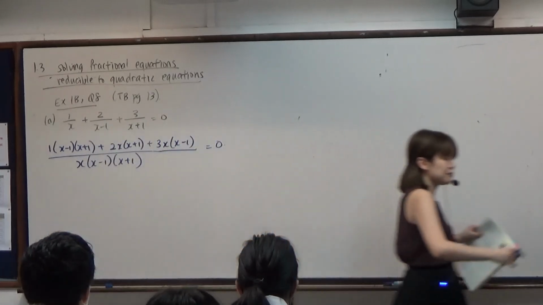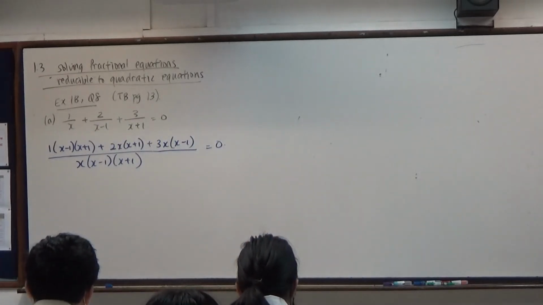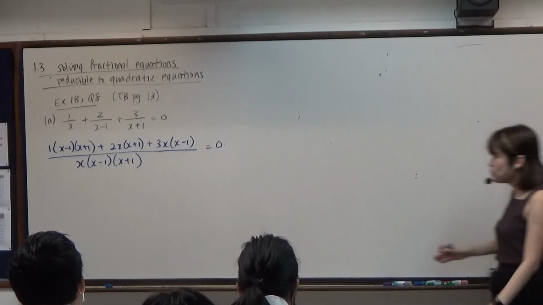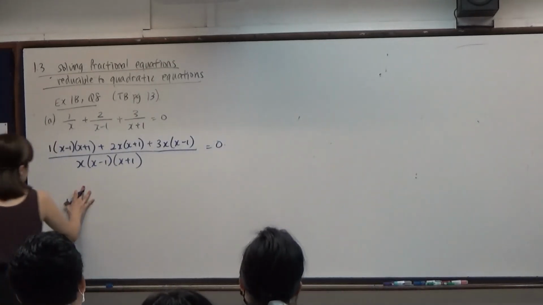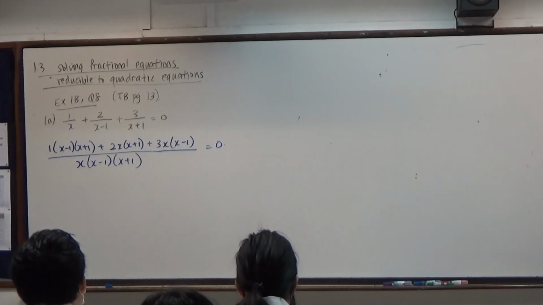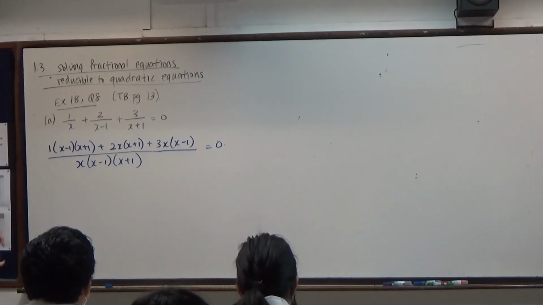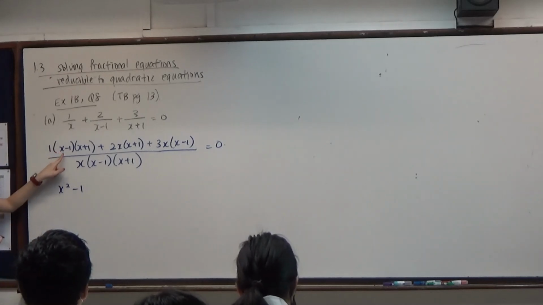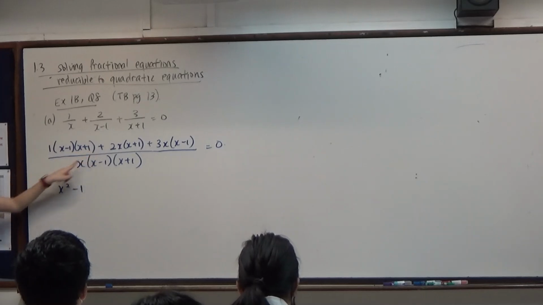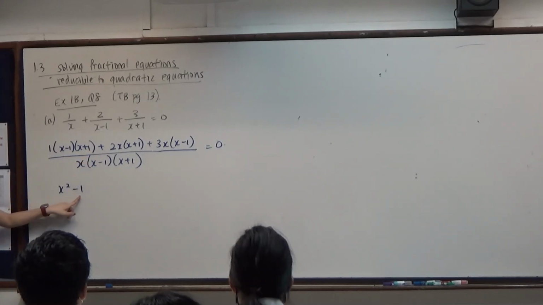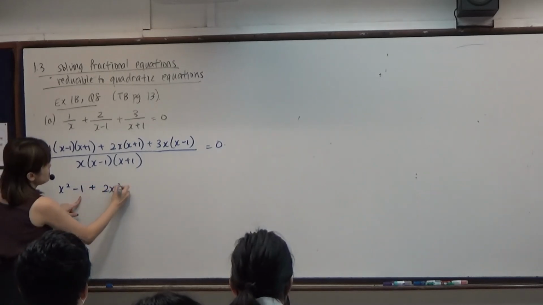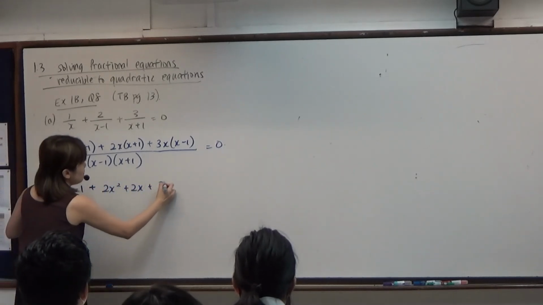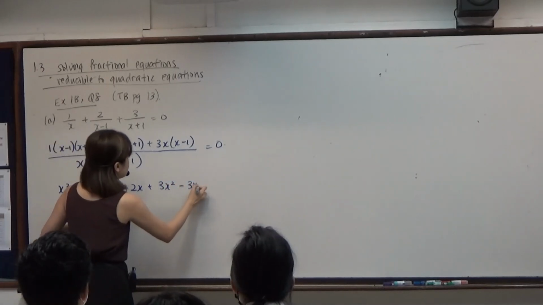You may have expressed it in three distinct fractions, that's fine, but you could also combine it into a single fraction like that. Then after that we will expand the numerator. I hope you are able to realize that x minus 1, x plus 1 is your a minus b, a plus b. That will give us a squared minus b squared, so that's x squared minus 1. Followed by 2x squared plus 2x. Followed by 3x squared minus 3x.